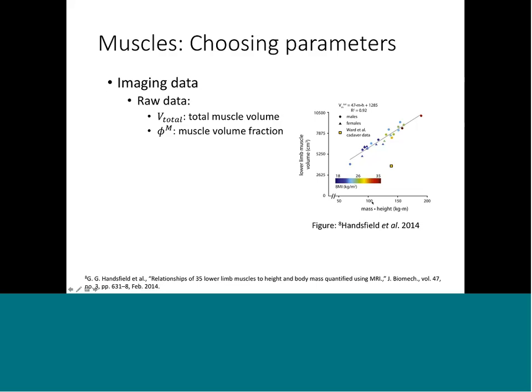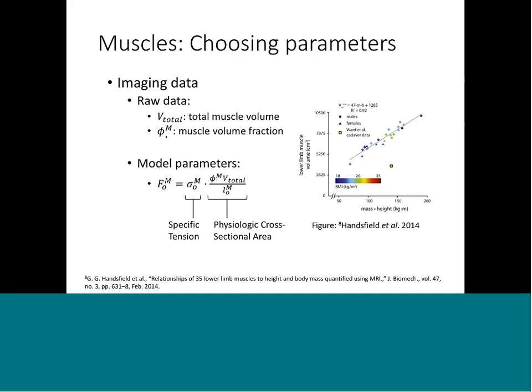So we were able to use this relationship to determine the total muscle volume in the lower extremity for our model. They also showed that each individual muscle occupied a relatively constant percentage of the total lower limb volume between subjects. So we used that parameter here to compute optimal muscle fiber force per muscle.